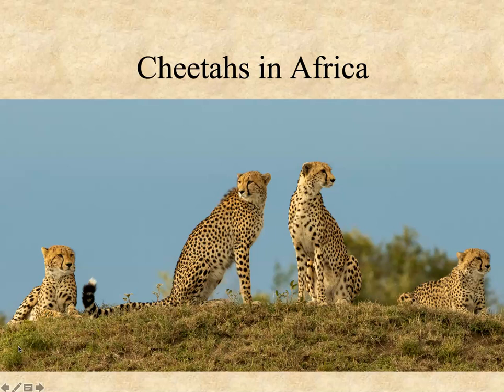Well, what are some of the problems with inbreeding in cheetahs in Africa? Extremely high juvenile mortality. Okay. Lots of babies born to cheetahs do not make it into adulthood due to genetic diseases.